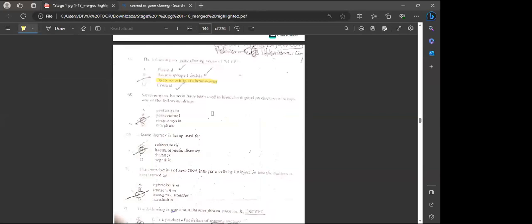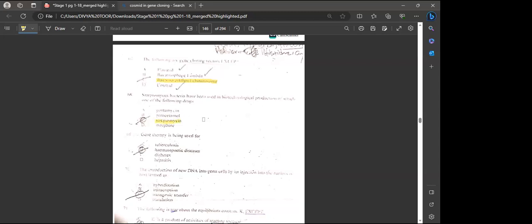Streptomyces bacteria have been used in technological production to make one of the following drugs. There's gentamicin, paracetamol, streptomycin, and morphine. Streptomycin.